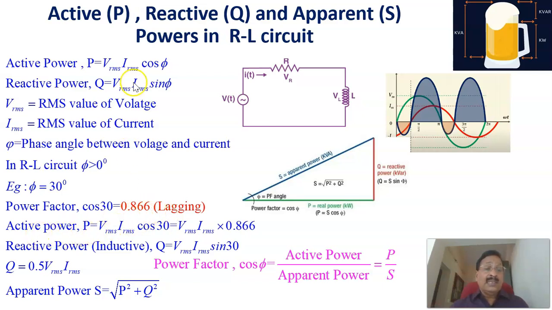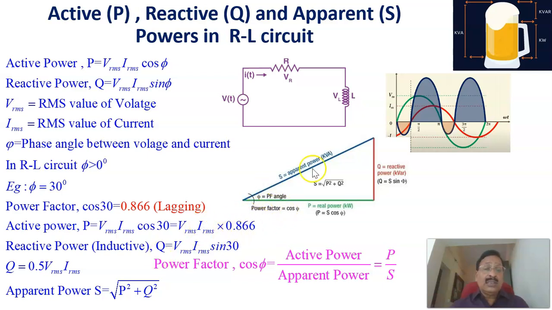And active power is given by Vrms Irms into cos phi, which is equal to Vrms Irms into 0.866. And reactive power Q is equal to Vrms Irms into sin 30, that is 0.5 Vrms into Irms, and P equal to 0.866 Vrms into Irms.